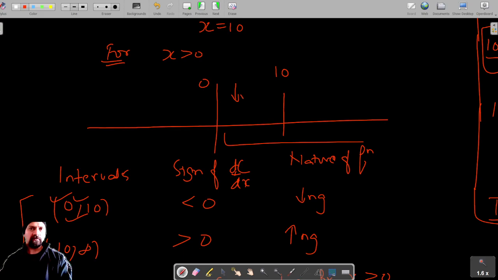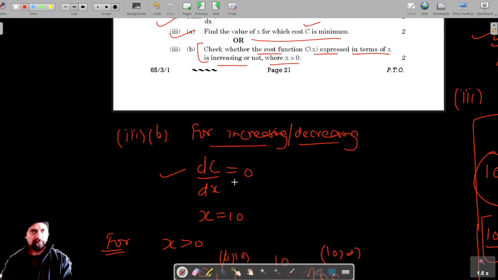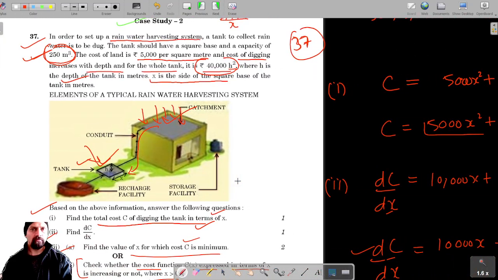So in the interval 10 to infinity the function is increasing, and for 0 to 10 the function is decreasing. So that means the function is neither increasing nor decreasing. Okay, so this solves our case study, that is question number 37. Let's move on to the last one.